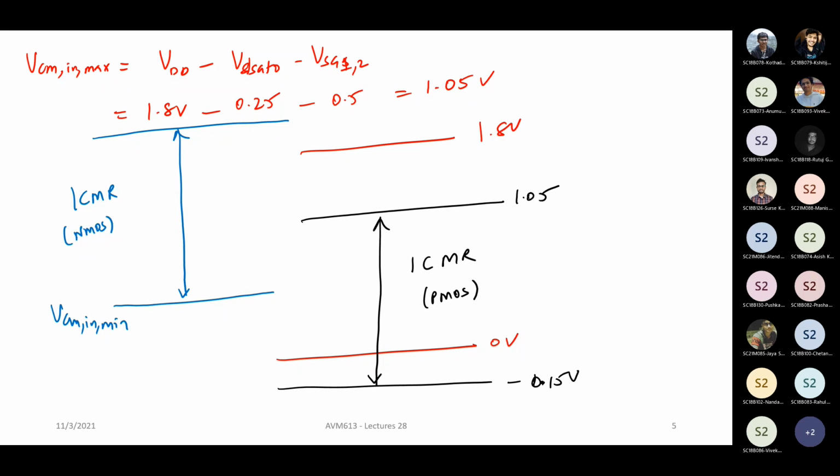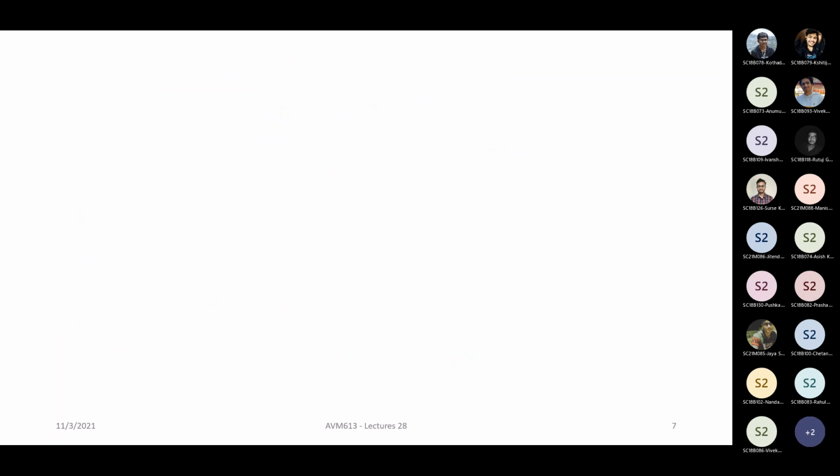Okay. Now, when you talk about rail-to-rail input, what does it mean? The voltage swing can be from VDD to zero. Rail-to-rail input basically means that if your VCM itself can move, obviously your input signal can also range from 0 to VDD.